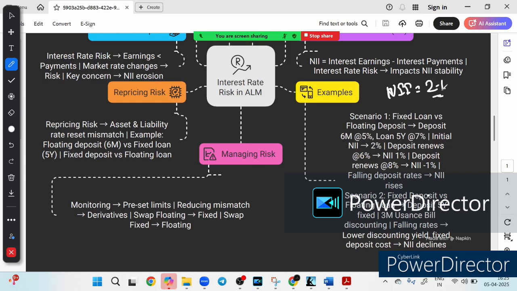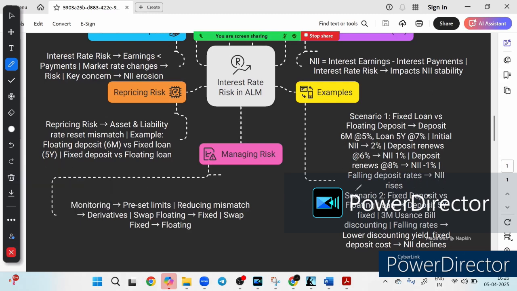Now suppose the deposit renews at the rate of 6%, so instead of 5% it becomes 6%, then NII becomes 1%. And suppose the deposit renews at 8%, then NII becomes minus 1%. So you can see that as the deposit rate is increasing, NII is decreasing. But suppose instead the deposit rate falls, then NII will rise. That is scenario number 1.